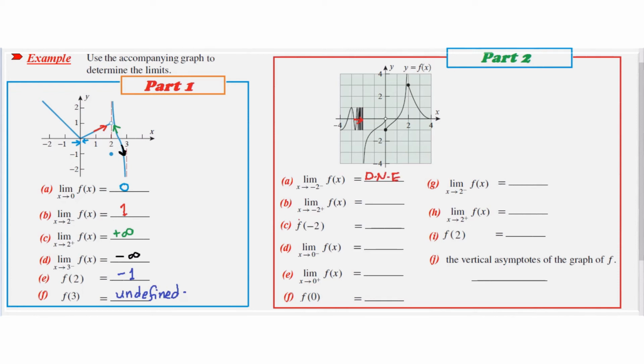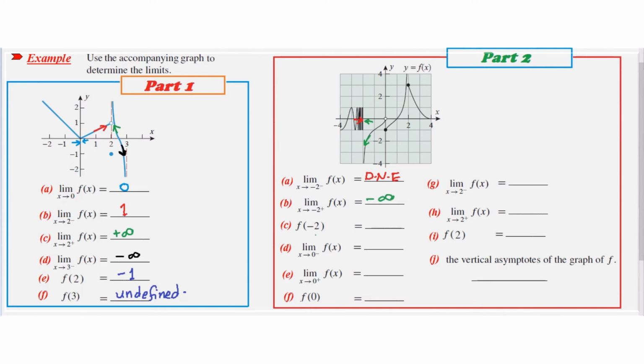Now the limit of x when x goes to negative 2 from right. This is negative 2 from right, and the function goes to negative infinity.